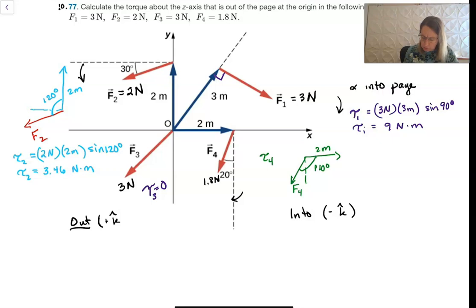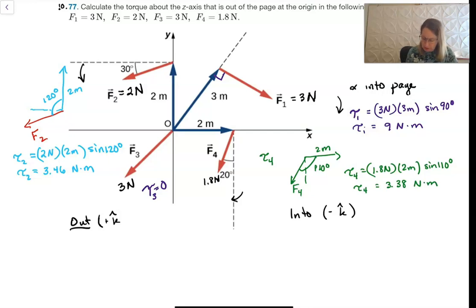Force 4 is 1.8 newtons. So torque 4 is going to be 1.8 newtons times 2 meters times the sine of 110 degrees. When I calculate that out, it gives me 3.38 Newton meters, again the magnitude.